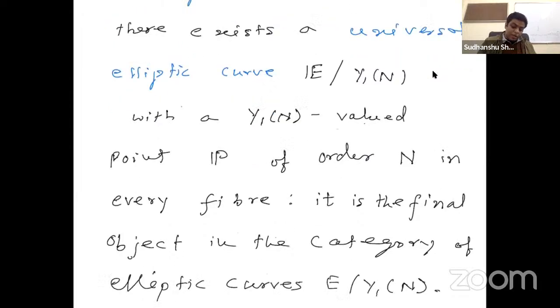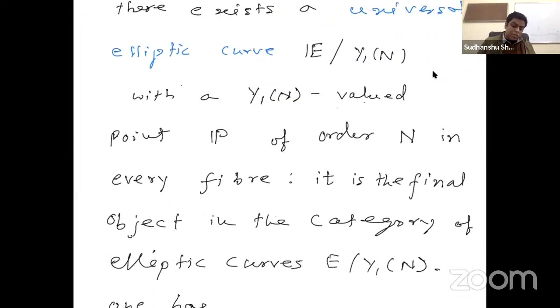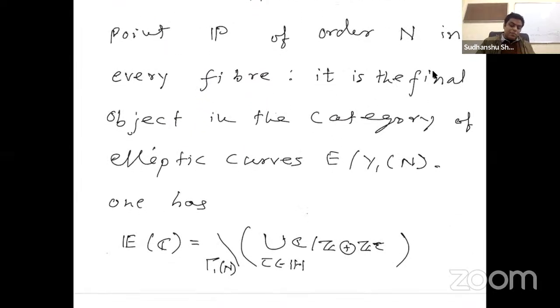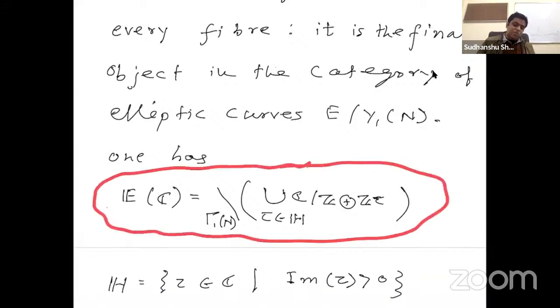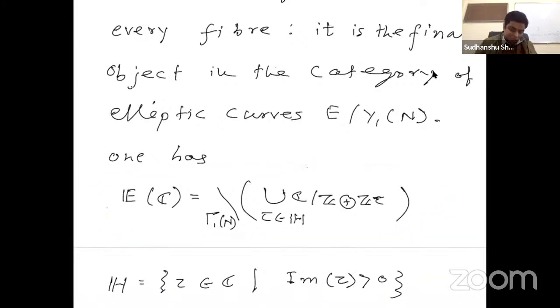Again, I'm not giving you how this is constructed, but I can tell you that its points over C, for example, look like this. So its C-valued points are these, and in fact this is what is used. To construct it, one first constructs it over C, so you first get a complex analytic manifold, and then using the correspondence between analytic manifolds and varieties, you get a variety.